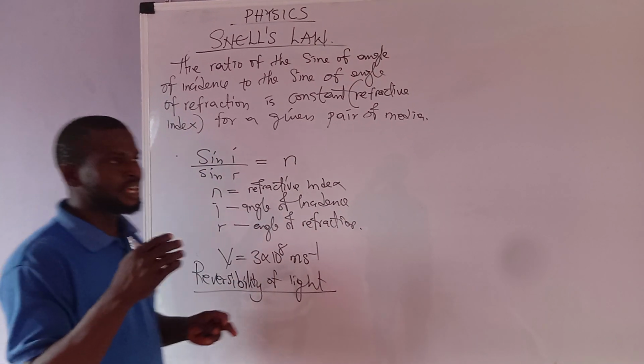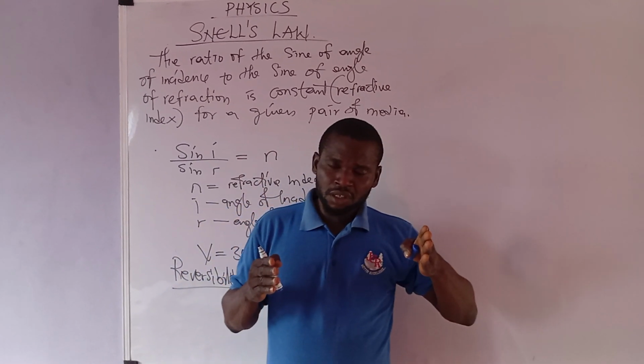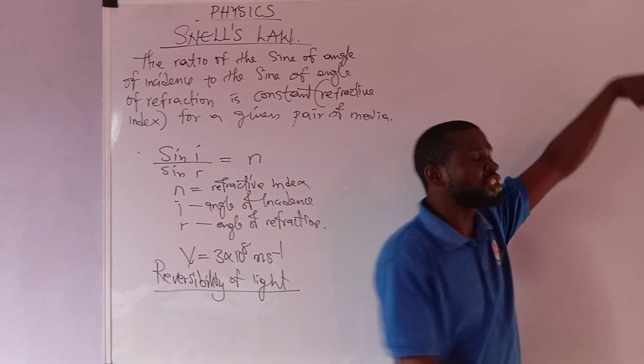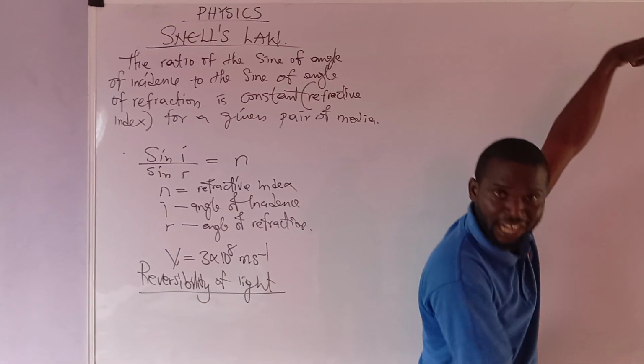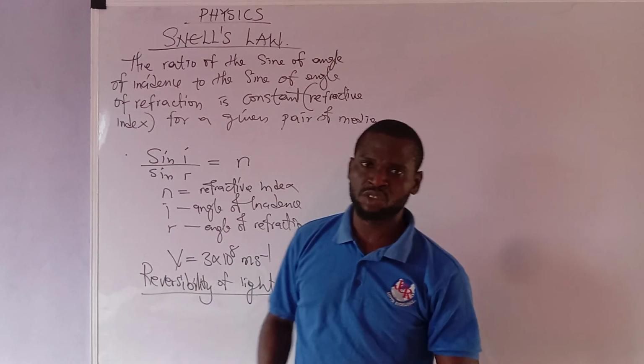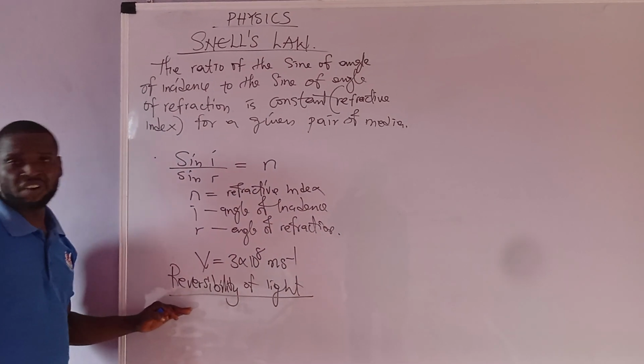Meaning that light can travel in a path, create a refraction, then can still travel back through that path to the original path the light was sourced from.